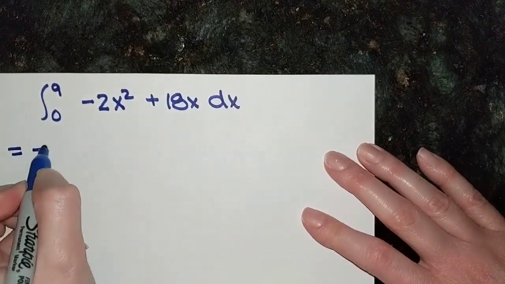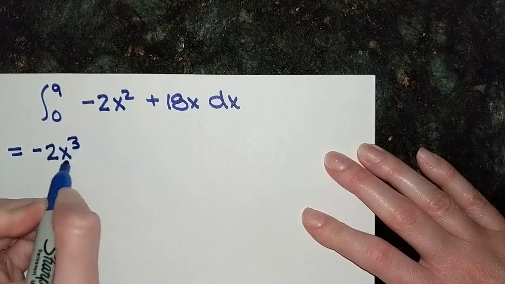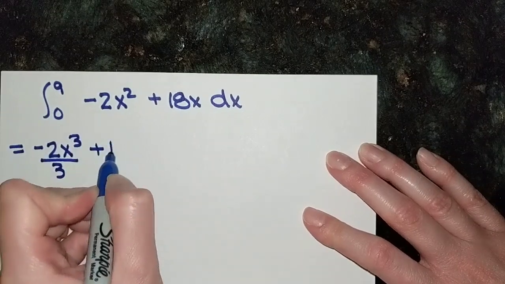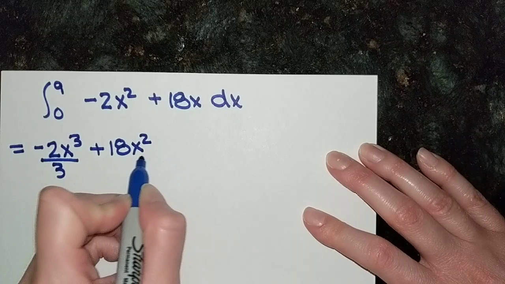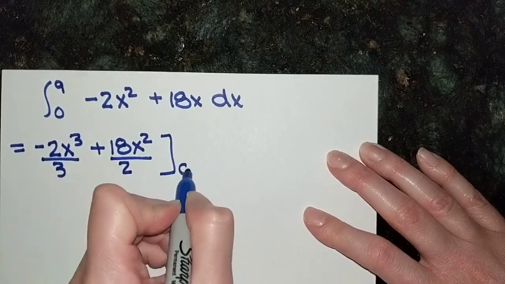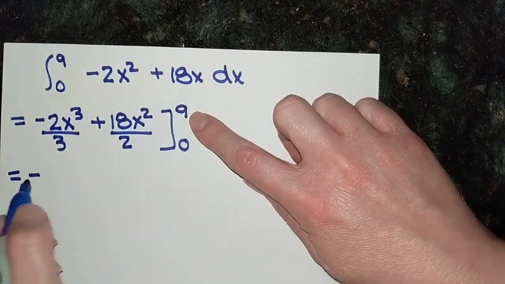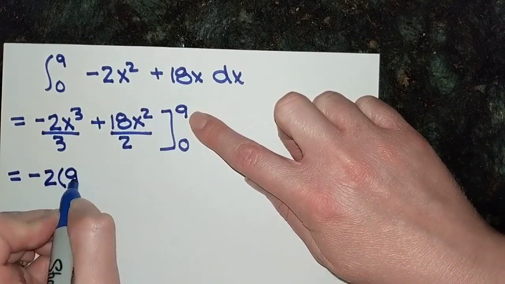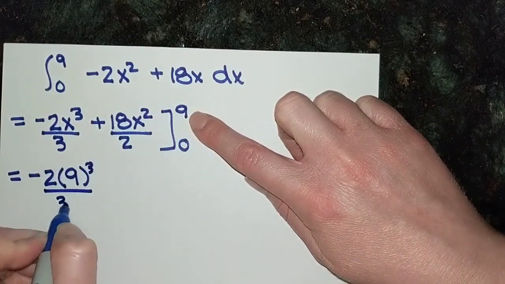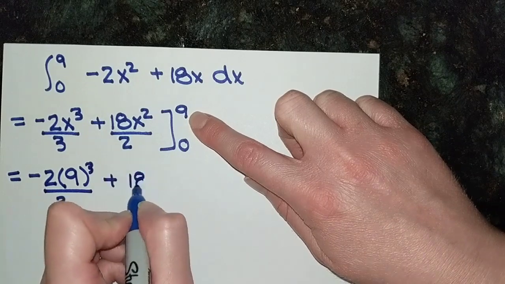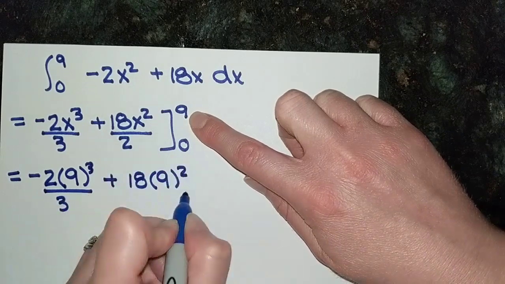So you would have negative 2x to the third over 3 plus 18x squared over 2, and then my bounds from 0 to 9. So I first start by plugging in 9. So I'd have negative 2 times 9 to the third over 3 plus 18 times 9 squared over 2.